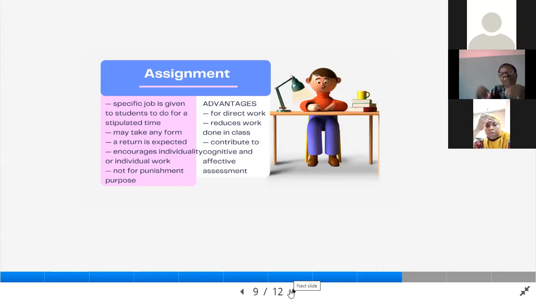Now, working on the affection, you will say, "Oh, my dear, remember the assignment I gave you, and make sure you do it very well, and I will know that you are actually following what I'm saying in class." You are showing some affection to the class, and the child will feel wanted. The child will feel they belong. So that is the affection type of advantage of what we're talking about.